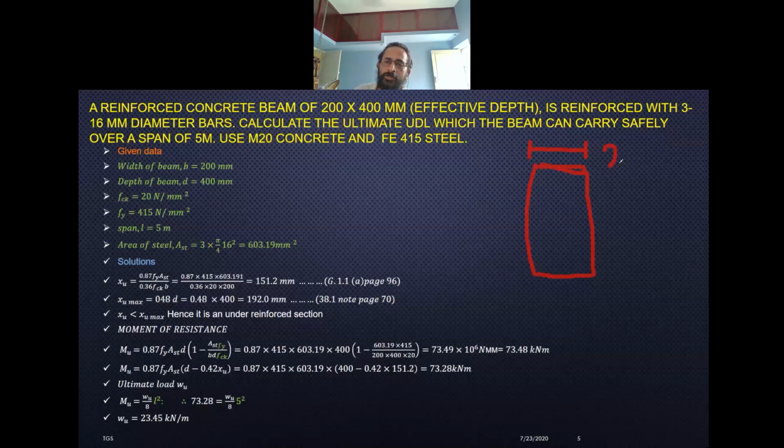Width is 200 millimeter, and effective depth is from the compression zone to the center of the steel. This is 400 millimeter.